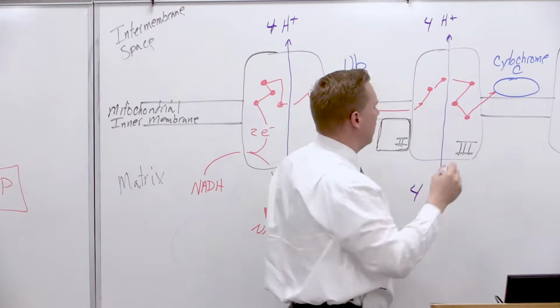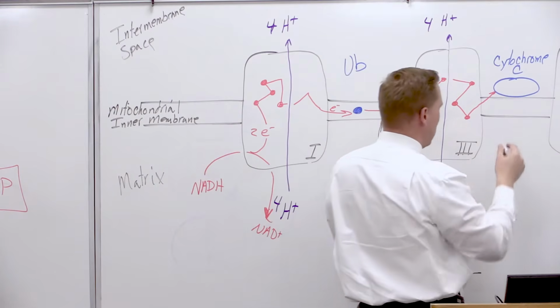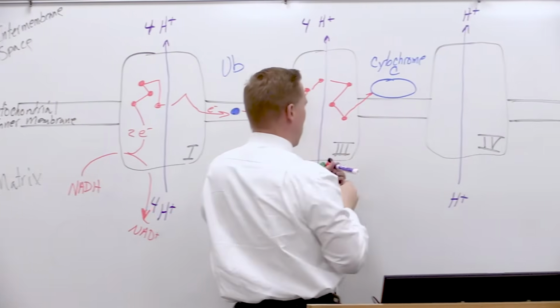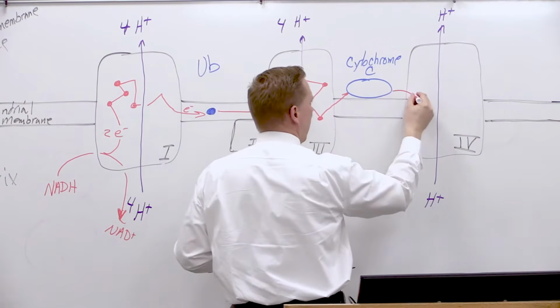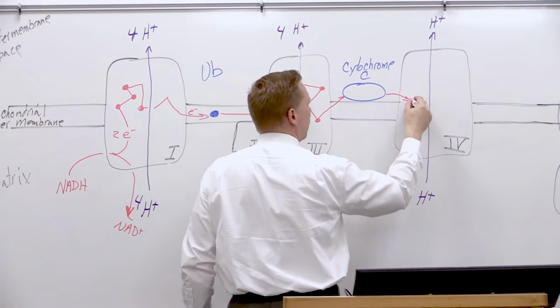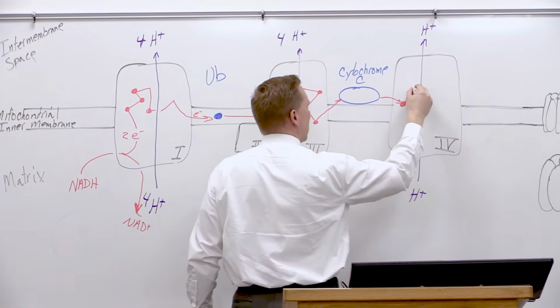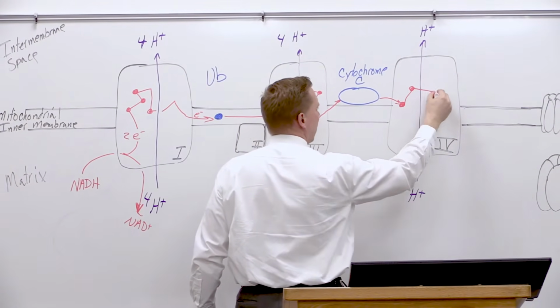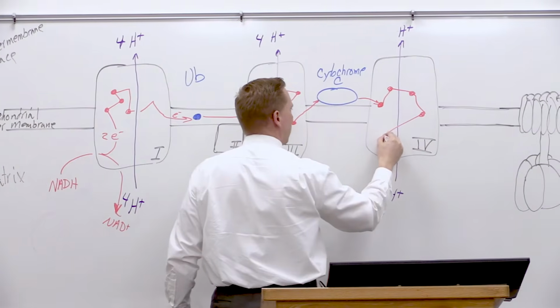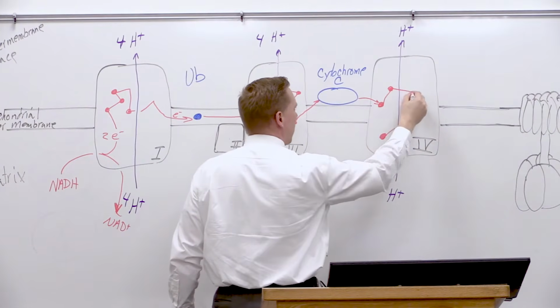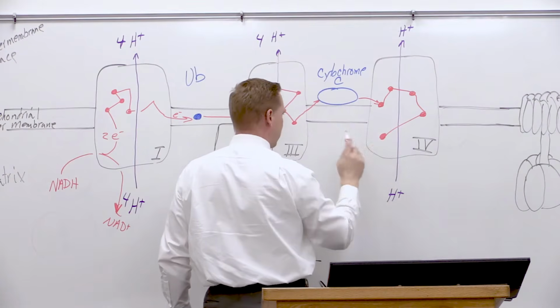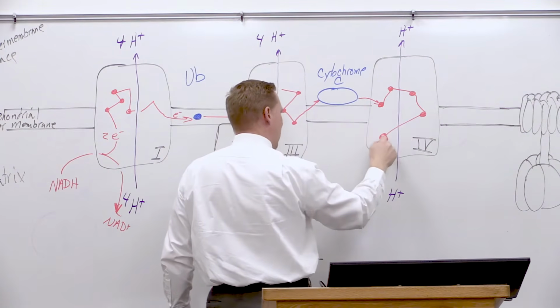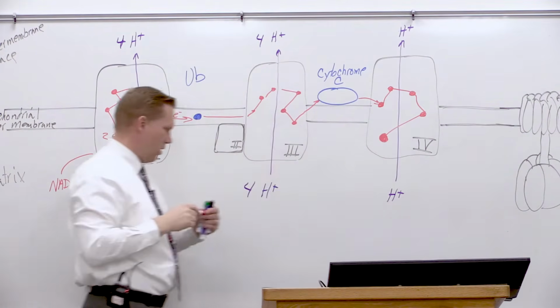And then cytochrome C is going to shuttle our electrons from complex 3 over to complex 4. In complex 4, they are again going to hop between different cofactors embedded in that complex until they end up right here.